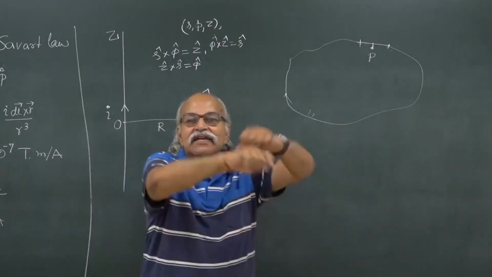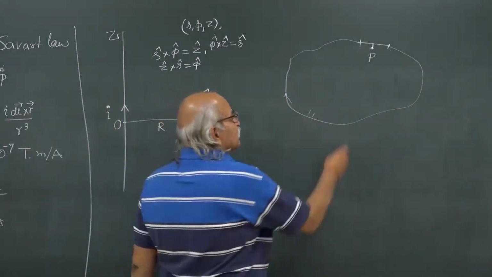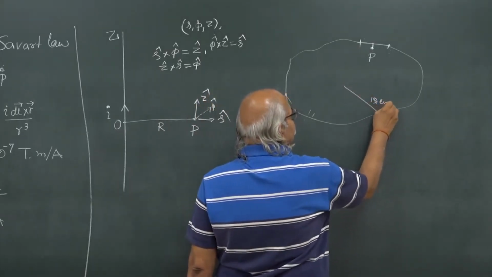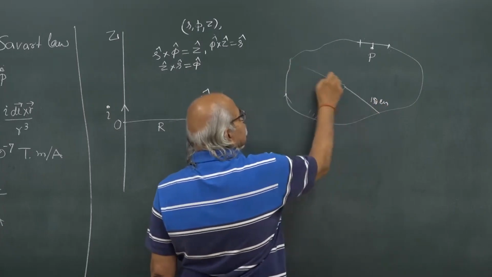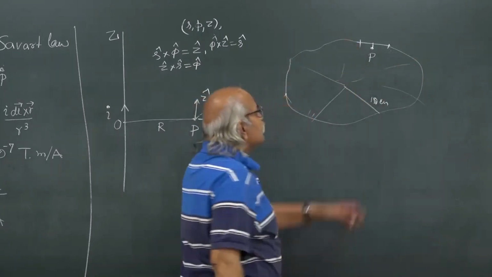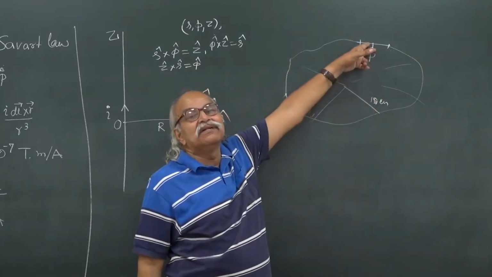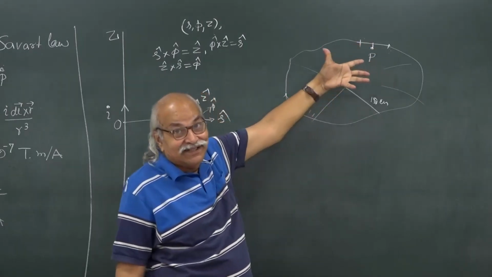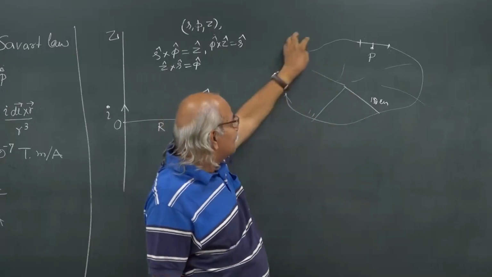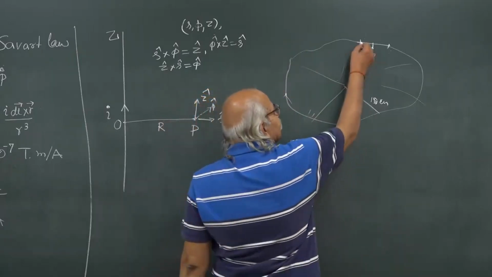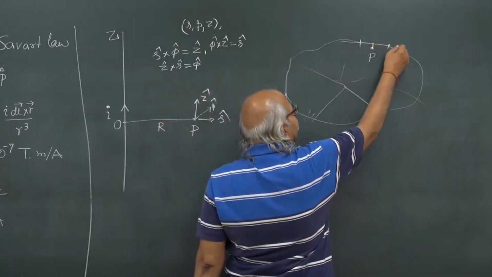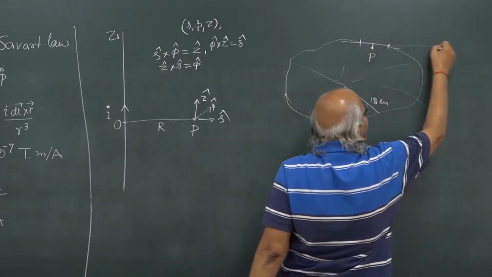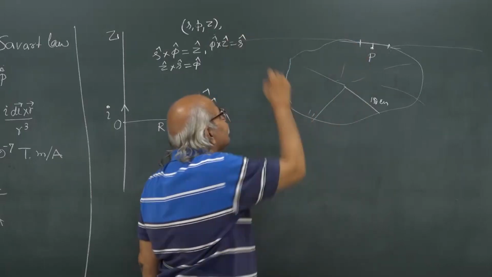Typically, if your circuit is a few centimeters, say 10 or 15 centimeters, and this separation is say 3-4 millimeters, then you can neglect all these other parts.